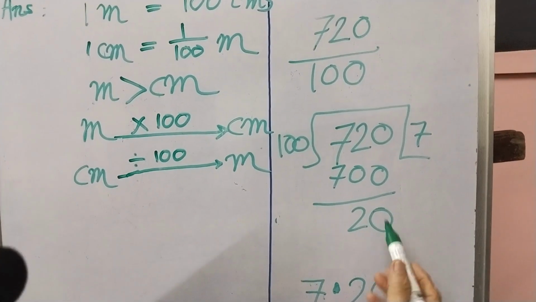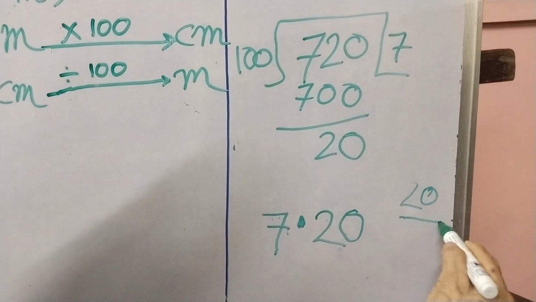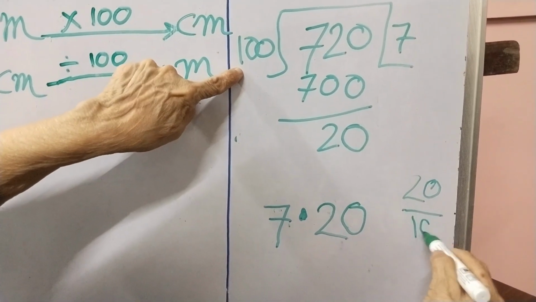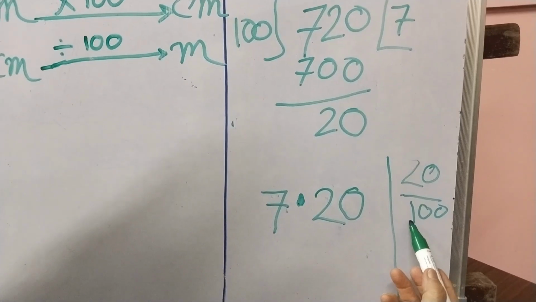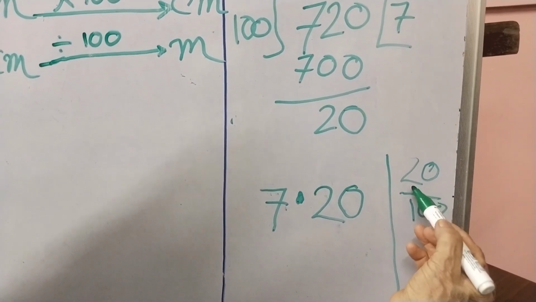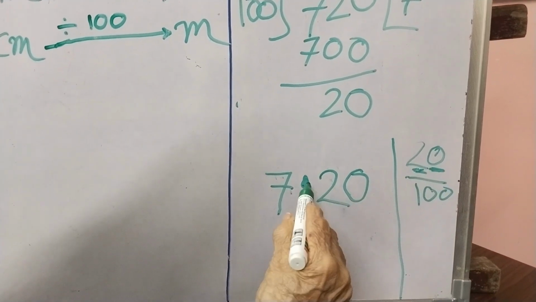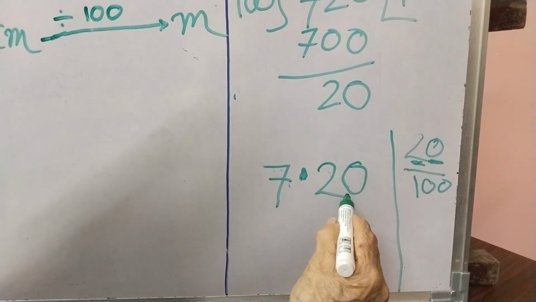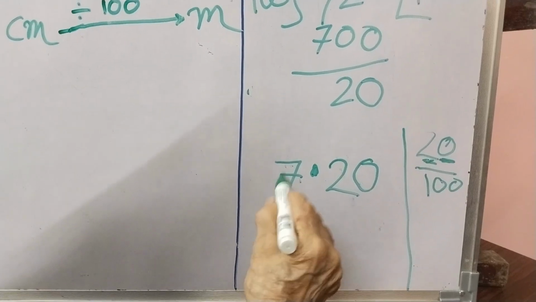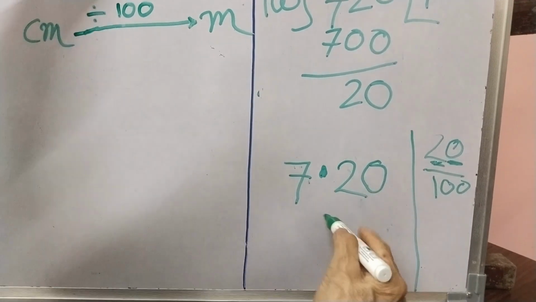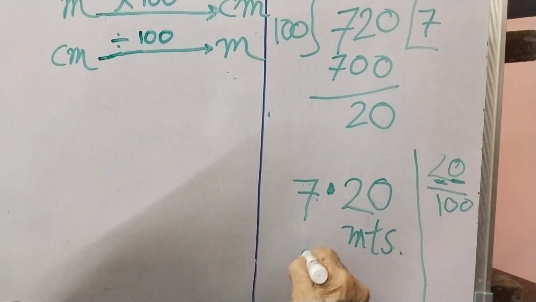Now 20 is the remainder. So 20 parts are there out of these 100. This is our rough work. Now on 1 there are 2 zeros, so 2 digits are allowed, and hence we have to put the number 20 after the decimal point, and 7.20 becomes the meters. And this is our final answer.